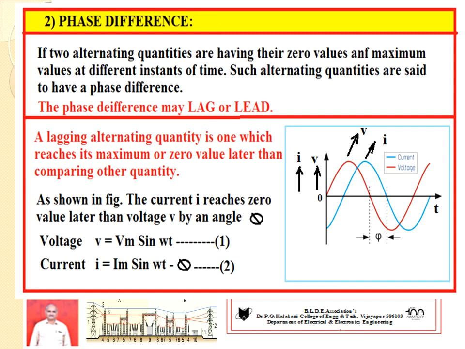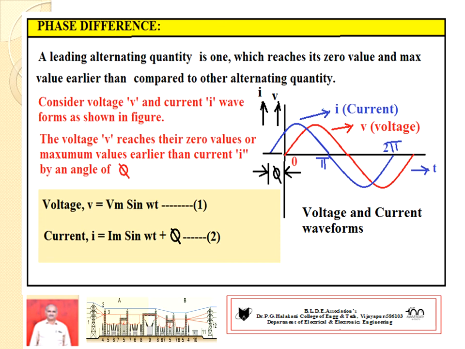Once again, as compared to these waveforms, voltage is taken as a reference. The current waveform lags the voltage by an angle of phi. Minus is used for a lagging quantity. In similar fashion, a leading alternating quantity is one which reaches its zero value and maximum value earlier than the other alternating quantity.